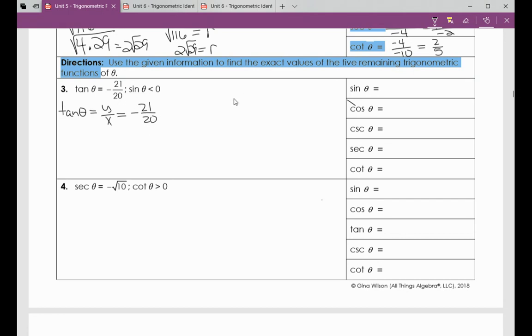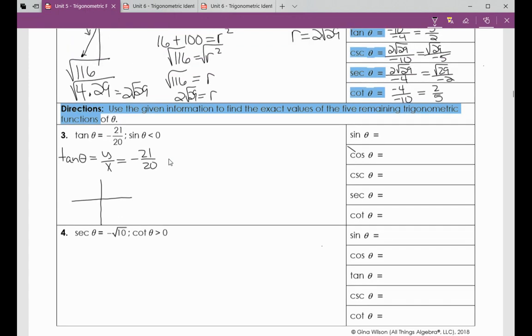Okay? So what I have to do is think about the unit circle and the quadrants. So I'm going to go back and I'm going to look at the bottom part of that unit circle because I have a negative tangent value.